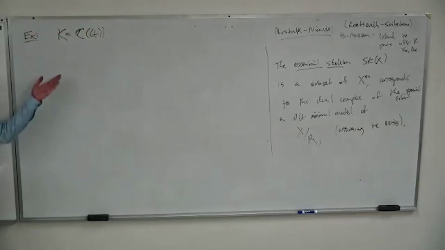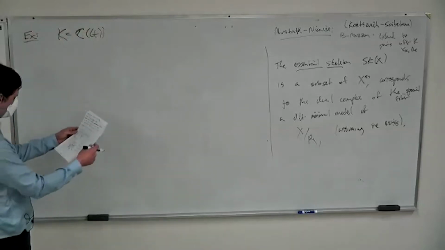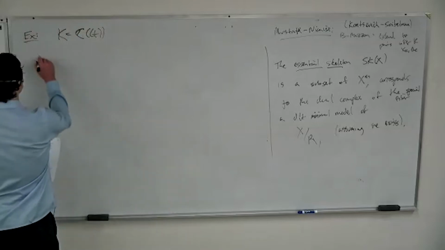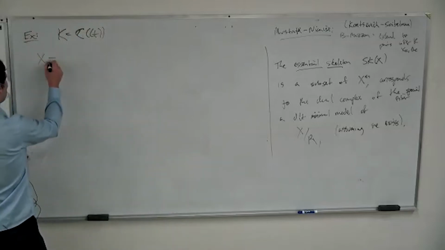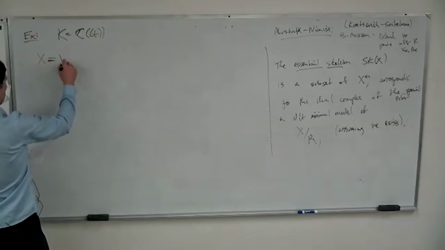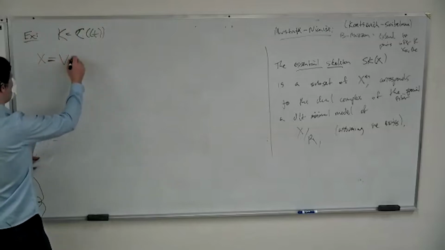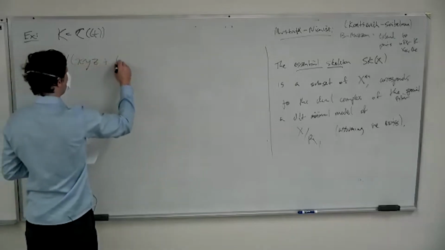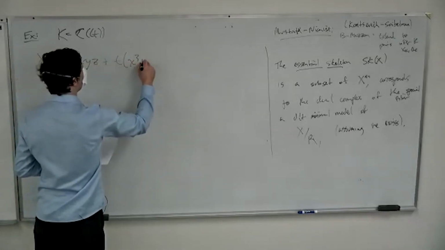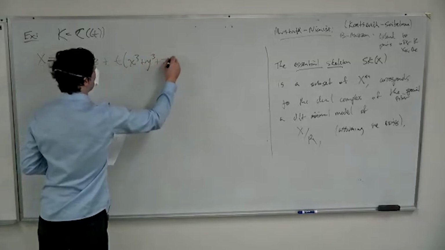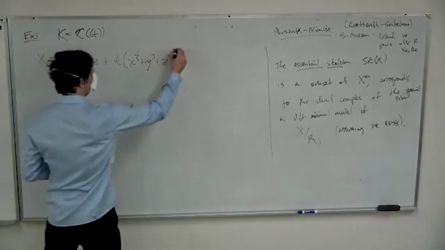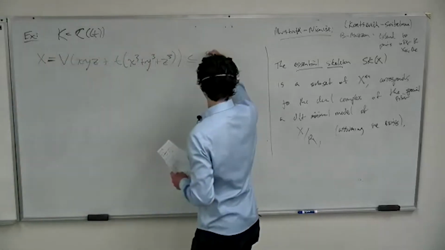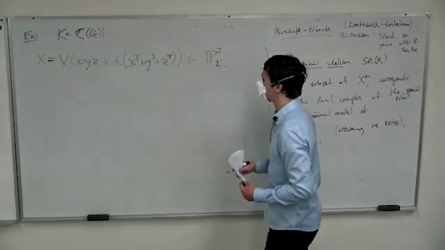You take the formal power series and then you invert t to make it a field. This is kind of my favorite example, because it really illustrates the interesting topological things that show up: if you take xyz + t(x³ + y³ + z³), and this is all living inside P² over K.